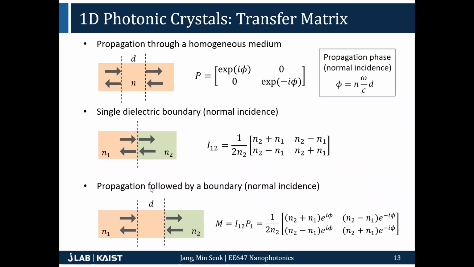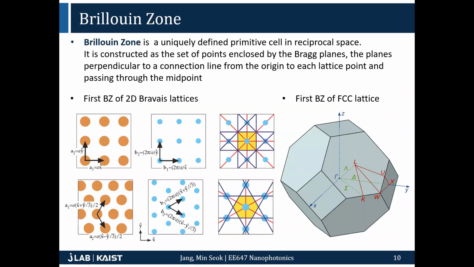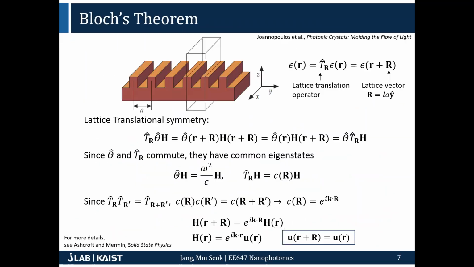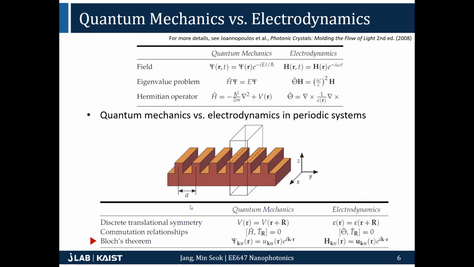In order to understand that, you should see the comparison between quantum mechanics and the electromagnetic system. So this is our quantum mechanics, and this is the Hamiltonian for our electromagnetic system.